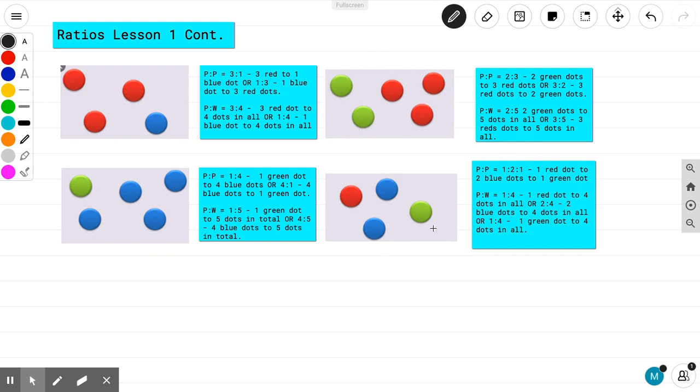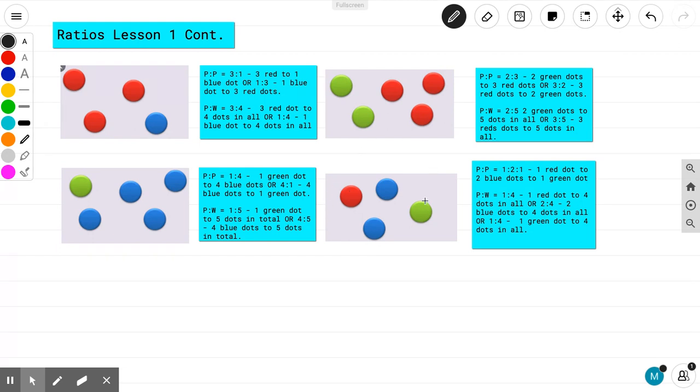And then the last picture here, if you notice, there are 3 colors. Now, I only did 1 for the part to part, which you only had to do 1 as well, but I'm going to tell you the other ways you could have done it. I did it 1 to 2 to 1, so 1 red dot to 2 blue dots to 1 green dot. You also could have said 2 to 1 to 1, so 2 blue dots to 1 red dot to 1 green dot.